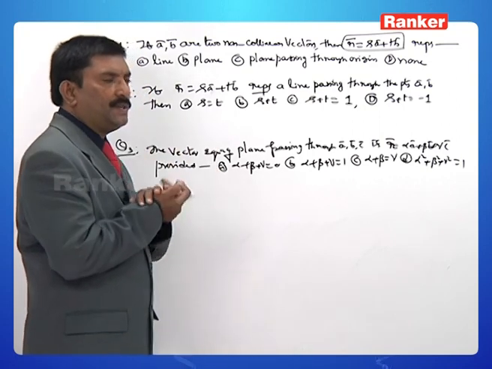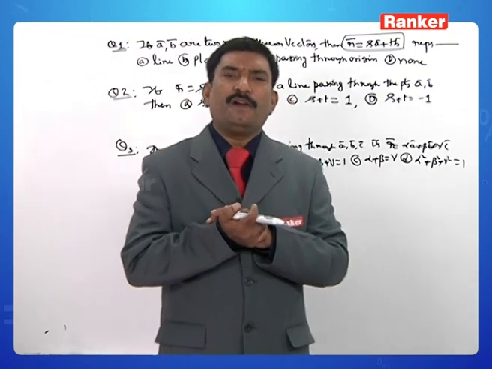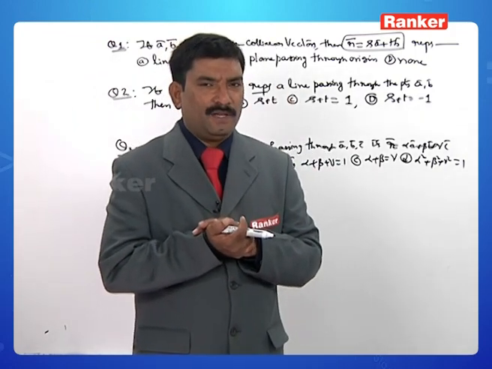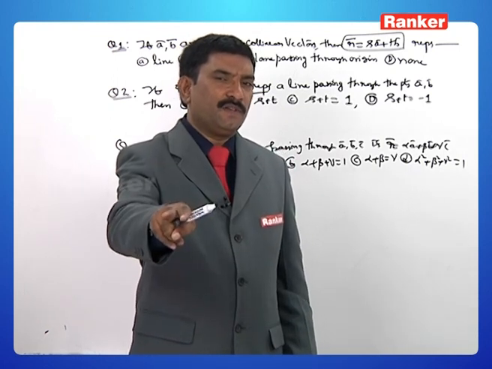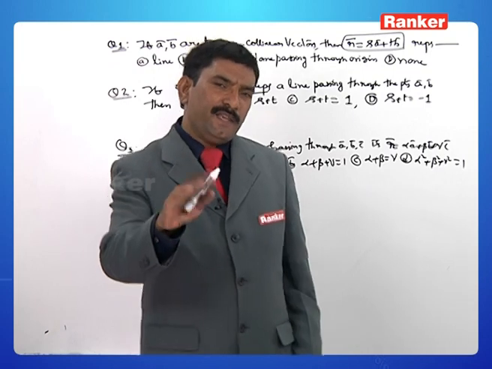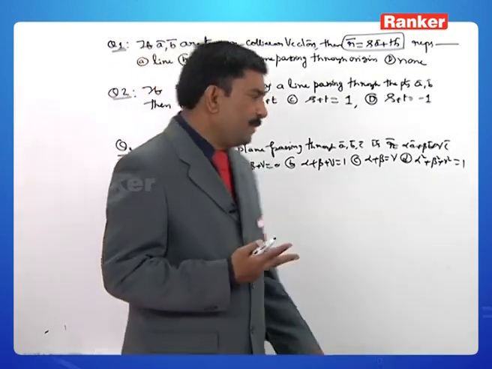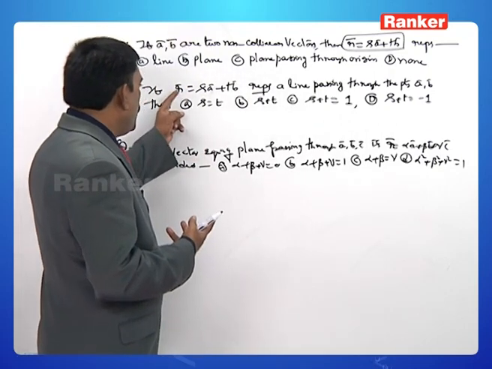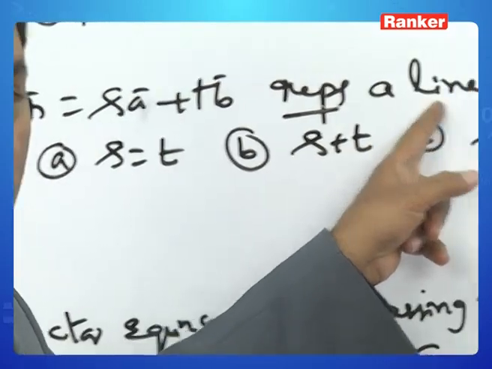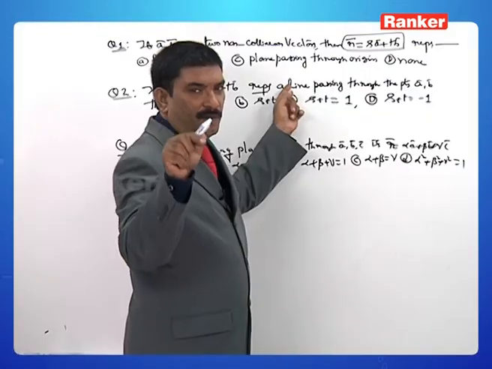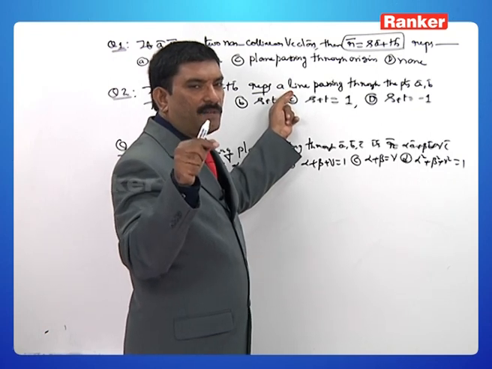As I told just now, whenever the vector equation comprises two scalars, it is a plane equation unless he changes the argument. Means, if he says r bar is equal to s a bar plus t b bar represents a line, he has to prove it or give it in the given data.